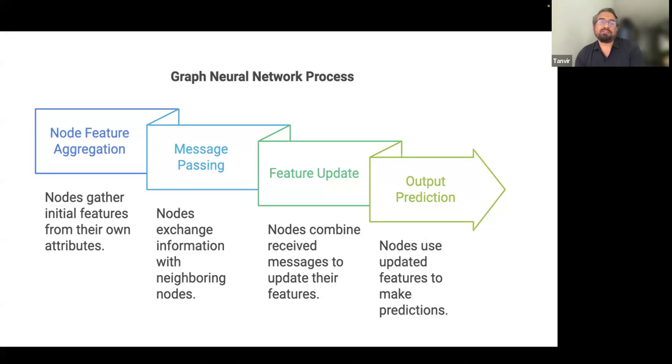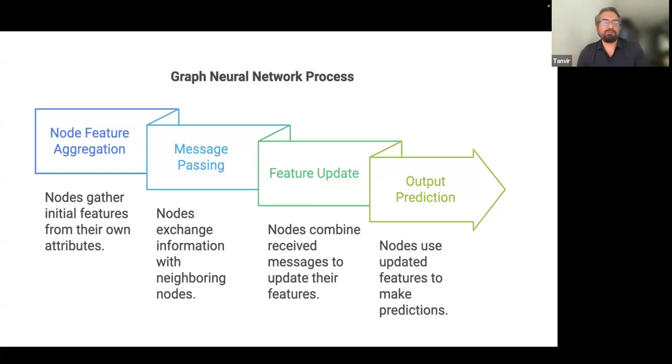After that, there is something called message passing, which is where nodes exchange information with neighboring nodes. The features of these nodes are exchanged between other nodes that are connected to each other, and this is how they pass messages. After passing messages, each of these features is updated with these messages so that nodes are aware of their neighbors.